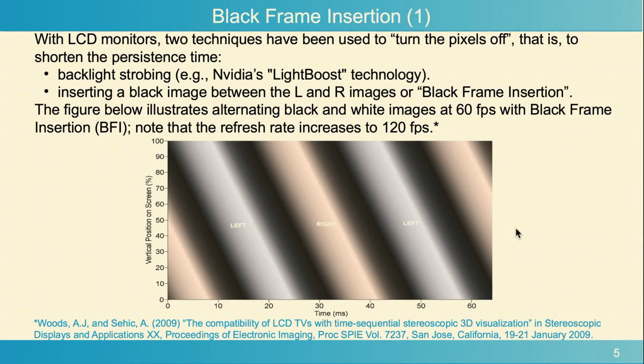That means you need coordination between the timing of your images, basically the software, and the hardware. In other words, you need the manufacturer to provide the right type of strobing backlights. And if you do it right, you can get some very good stereo images with very low ghosting.